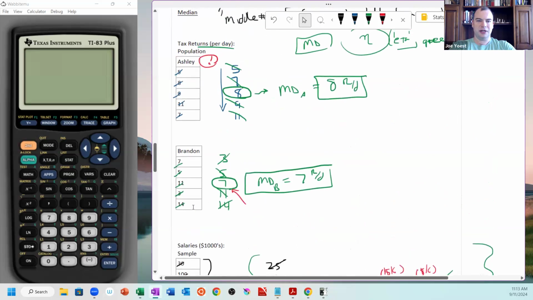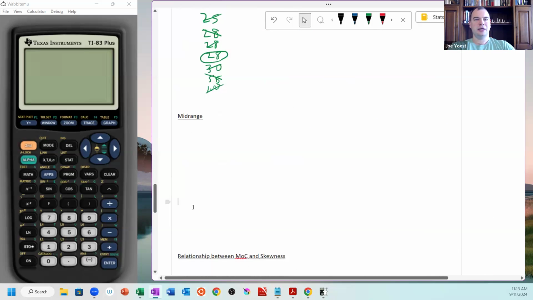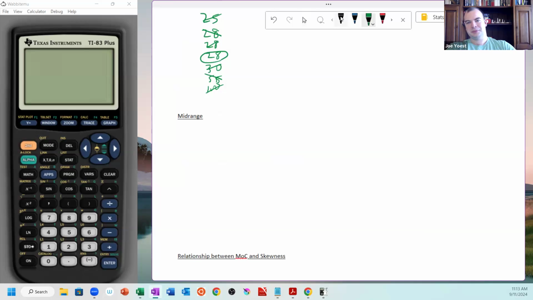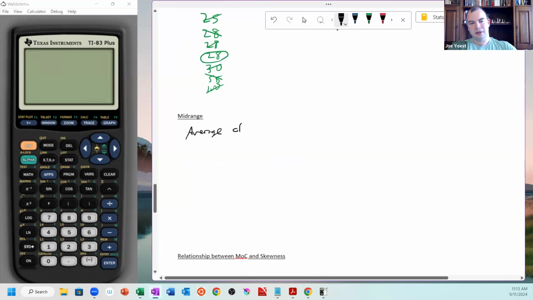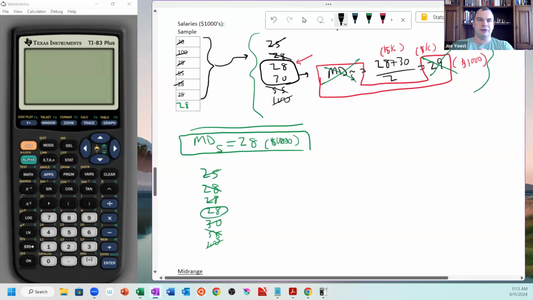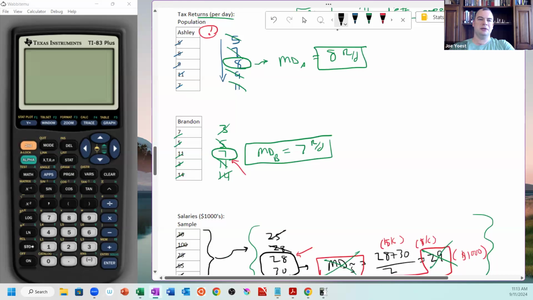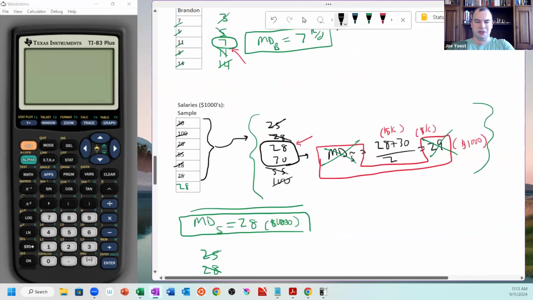Any questions so far? And then let's look at the mid-range. The mid-range is the average of the extremes. So where the median is kind of the average of the middle number or numbers, a number is its own average. So the median averages the two middle numbers or just the one middle number.